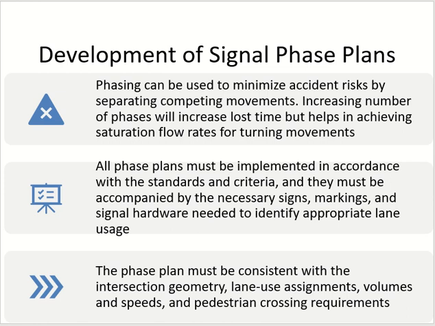Okay, I showed you in the last lecture, capacity increases when you have fewer phases. To have fewer phases, I should combine the movements, but it doesn't mean I combine everything. I have to look at safety as well. Clear? Okay, try to combine but non-conflicting movements.